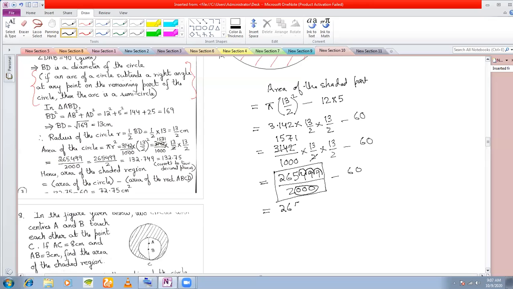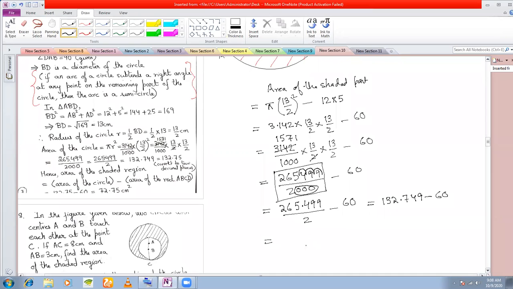So you get 265.499 divided by 2 minus 60. Now it is easy to calculate. You can divide 265.499 by 2 to get 132.749 minus 60. Then they have asked till how many places of decimal.